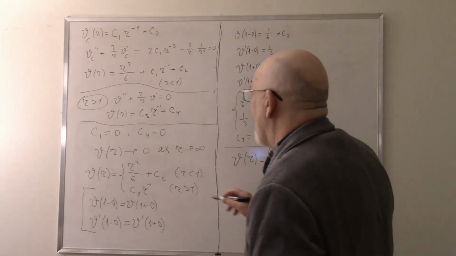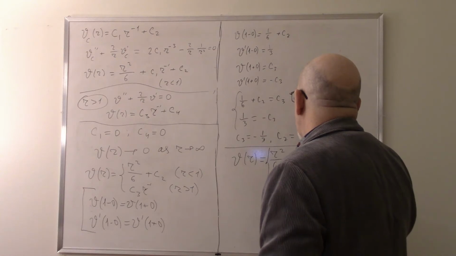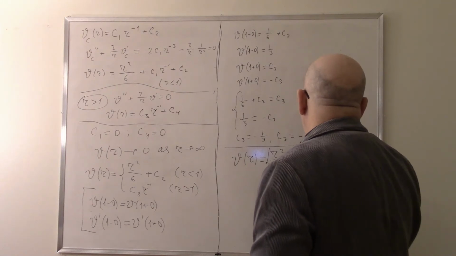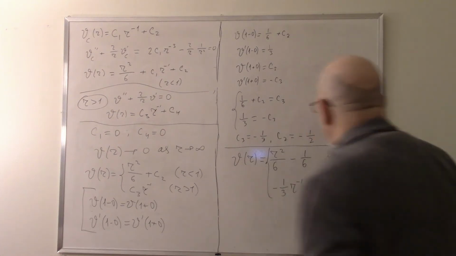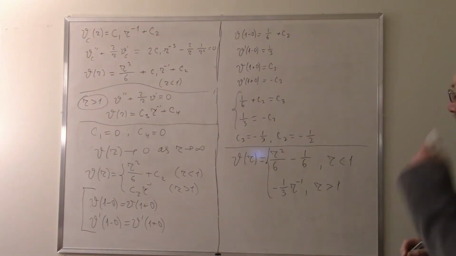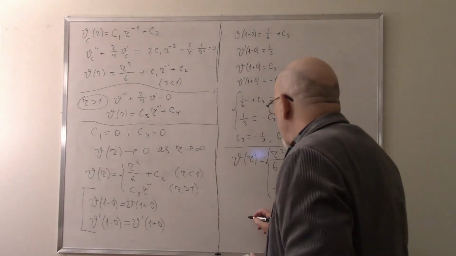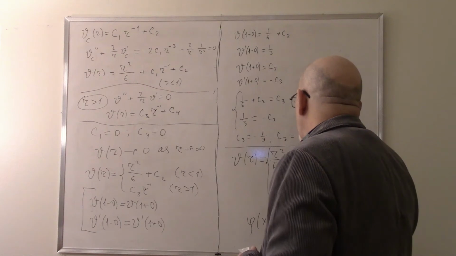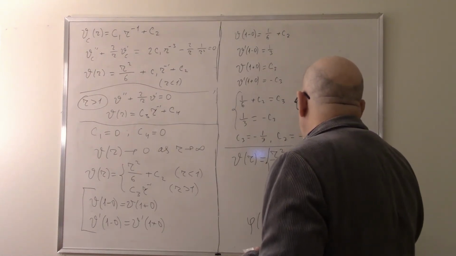And if r is more than 1, it is minus 1/3 r minus 1, r more than 1. Yeah? And the potential phi of x equals V of modulus x.